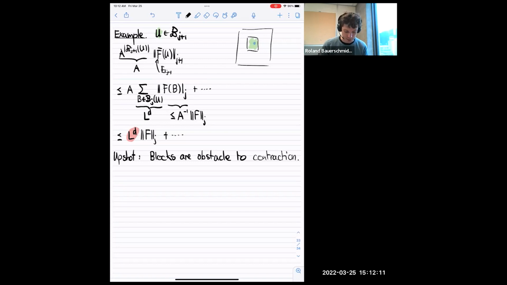There's L to the D ways to do that. So that's shown by this picture here. So this looks bad because we ultimately are interested in a contractive estimate rather than one that expands. And so the goal is going to be to show how to get a contractive estimate.